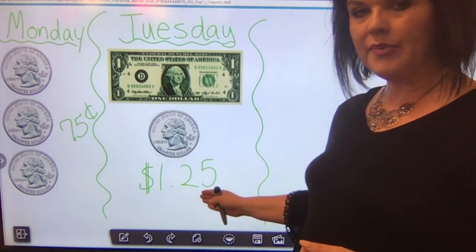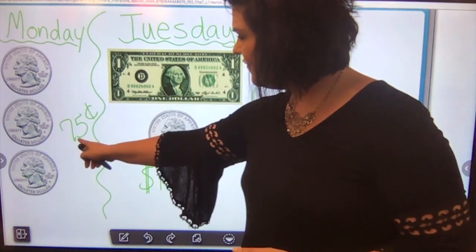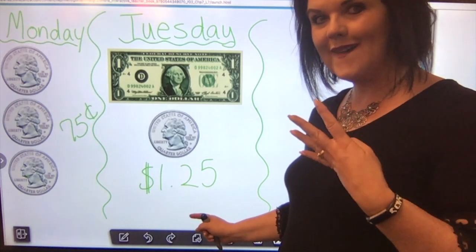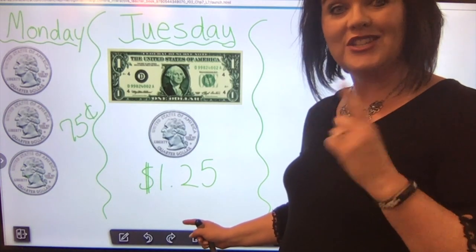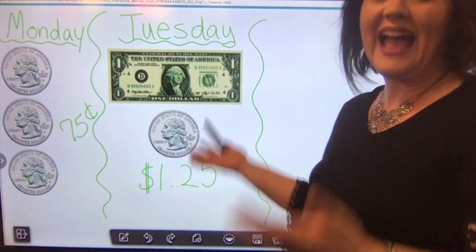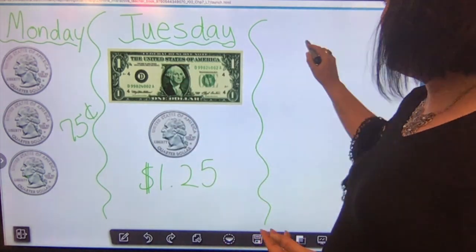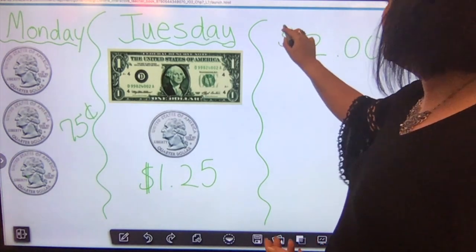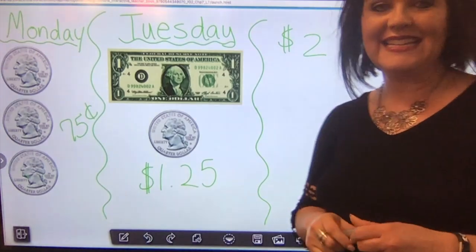So how much money does he have total? Let's add it up. We know that 75 plus 25, if we have 4 quarters, it makes $1. So how much money does Ethan have? Ethan has 2 amazing dollars that he has saved up.